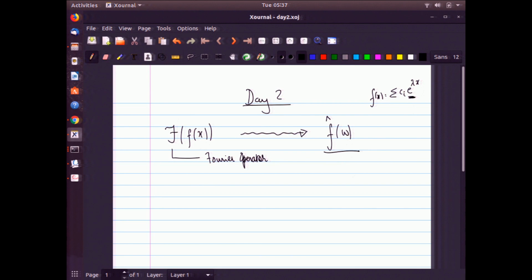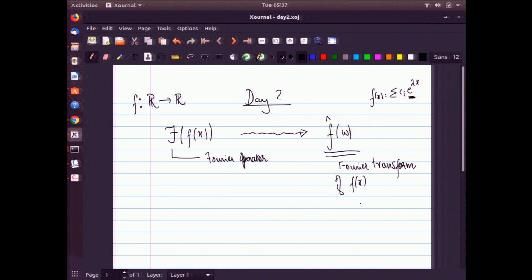So this is what I'm going to call the Fourier transform of f. For now, let us assume that this function is over the real domain. We can say f goes from real to a complex value, but for this example, let's just take a real function so that we can easily understand it.